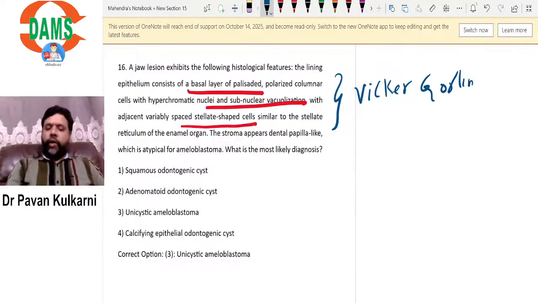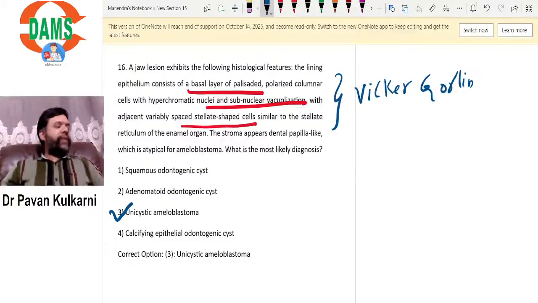What is Vickers-Gorlin criteria? The basal cells, which are ameloblast-like cells, are tall columnar. They have palisading nuclei, there is a reversal of polarity of the nucleus, and there is subnuclear vacuolization. All these are called Vickers-Gorlin criteria, and it is a feature of ameloblastoma.